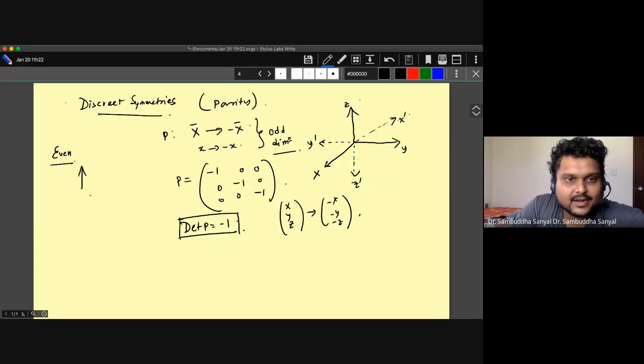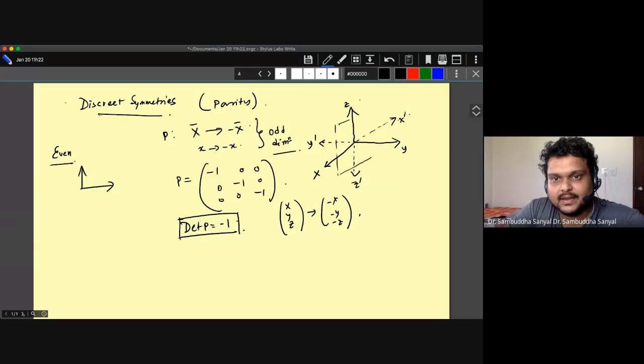So notice that this is not really a 180-degree rotation. You can think of it first as a reflection. If I think of this as a mirror plane, it's a reflection with respect to that plane, and then a 180-degree rotation. So you can think of it as a reflection plus a 180-degree rotation.